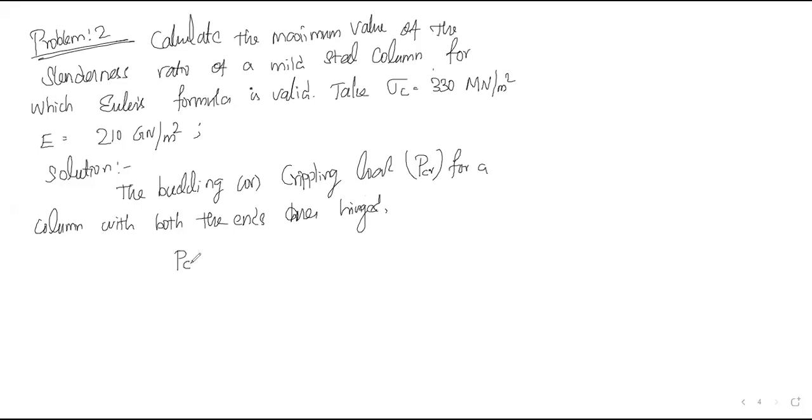Therefore, PCR is equal to pi squared EI by LE squared.